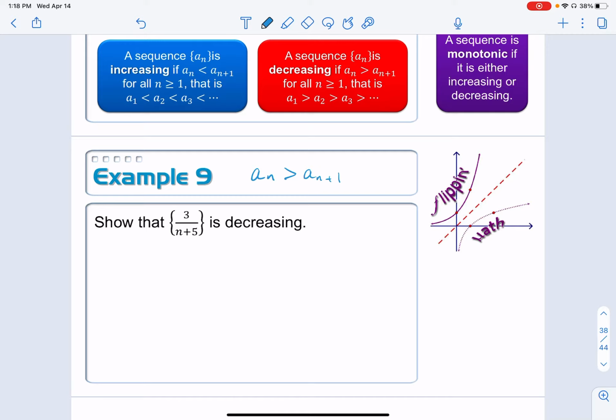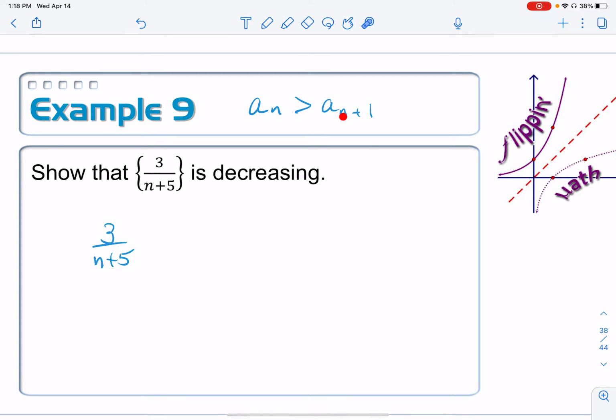So in terms of the one that we have right here, I've got 3 over n plus 5. That is essentially my a sub n term. And then in order to get the n plus 1th term, everywhere there's an n, we just stick n plus 1 in its place.